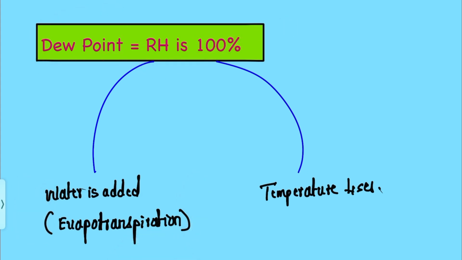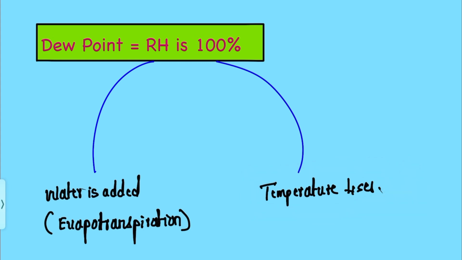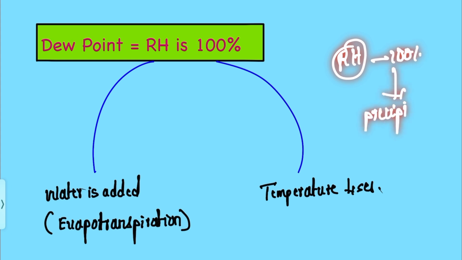Otherwise, you don't add moisture but keep dropping the temperature. You are basically reducing the total holding capacity of the air. Then also there will be a temperature where relative humidity reaches 100%. So whenever the relative humidity reaches 100%, that temperature is called the dew point, and then precipitation happens. Right. So this is how it works.